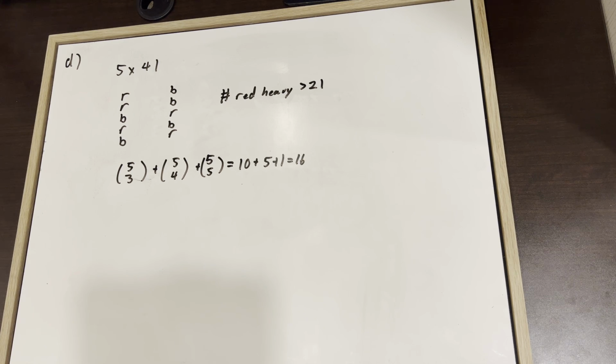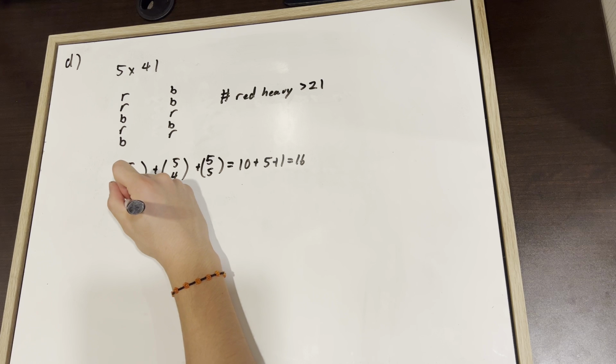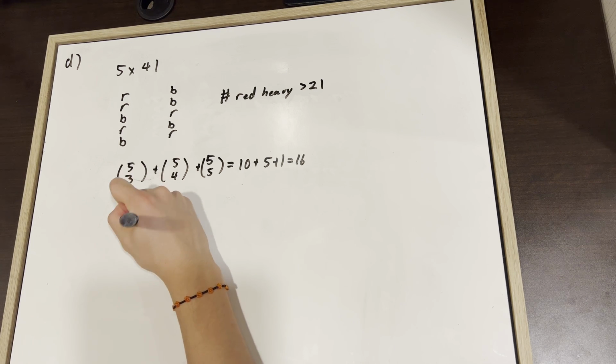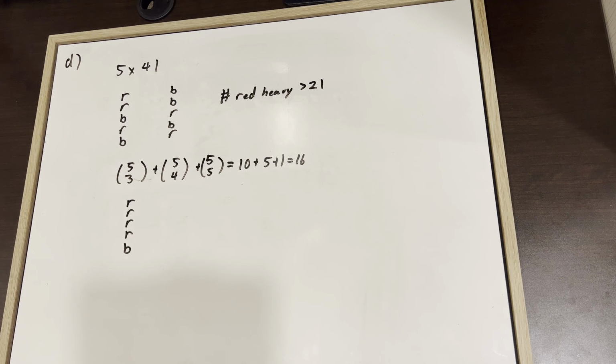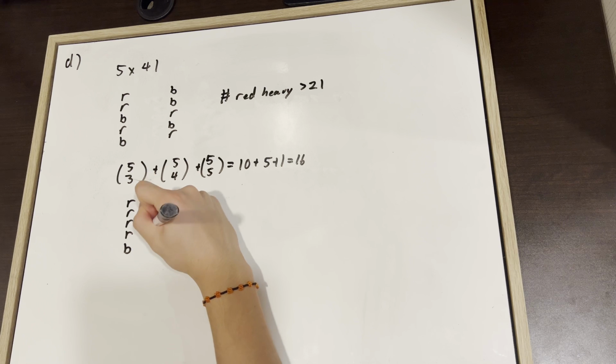However, we come to the realization that a red column with 4 or 5 red cells is just a column with 3 red cells with an extra red cell. For example, a column of 4 red cells like red, red, red, red, blue can just be treated as red, red, red, blue, blue.